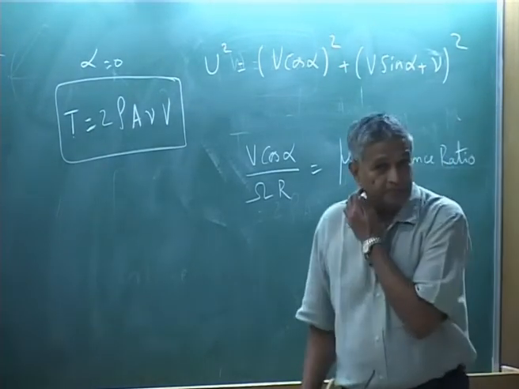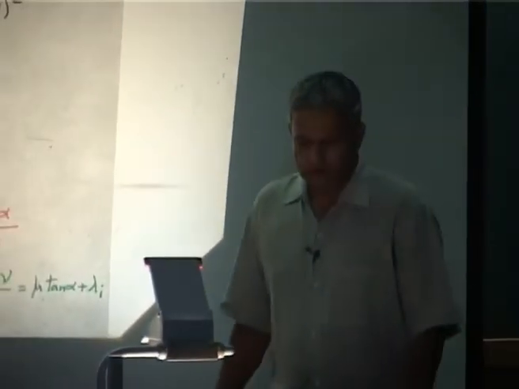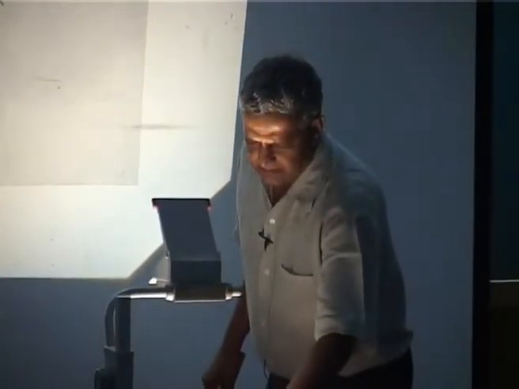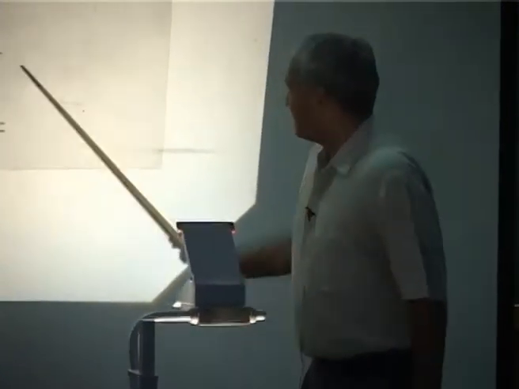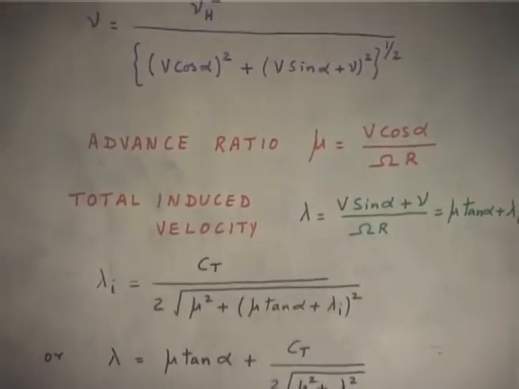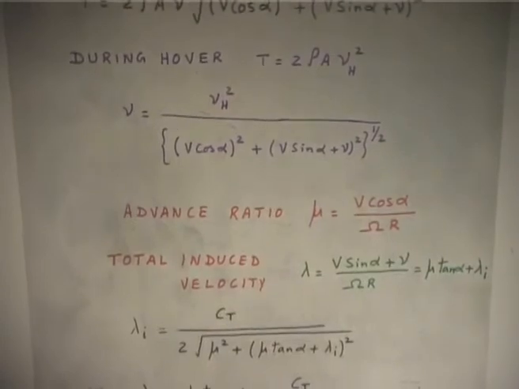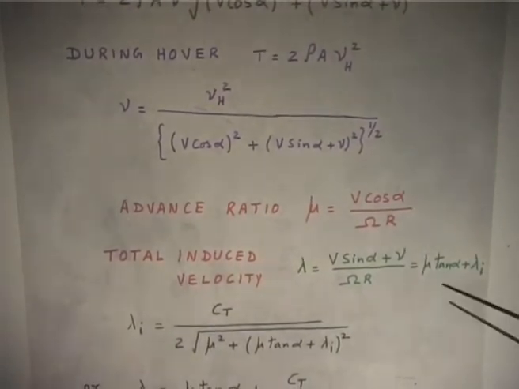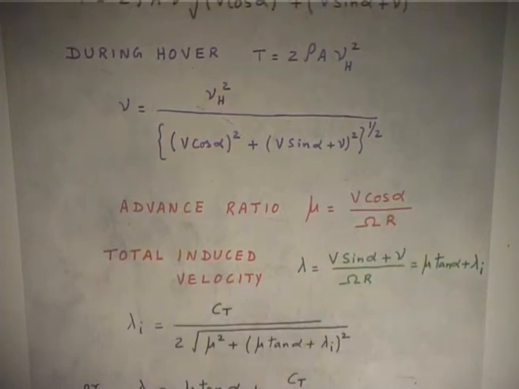And then the other term, the total induced velocity, because it has two components. One is due to V sin alpha, that is due to the flight itself.